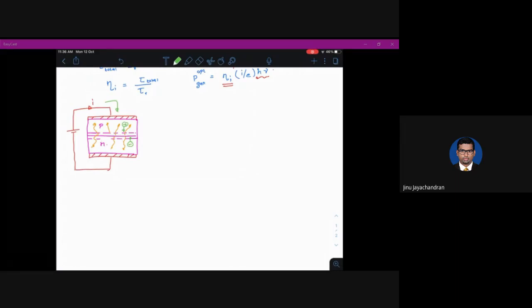Finally, the holes and electrons will combine in the depletion region and it will emit light. Okay. So this is a very basic LED, something called a homojunction LED.